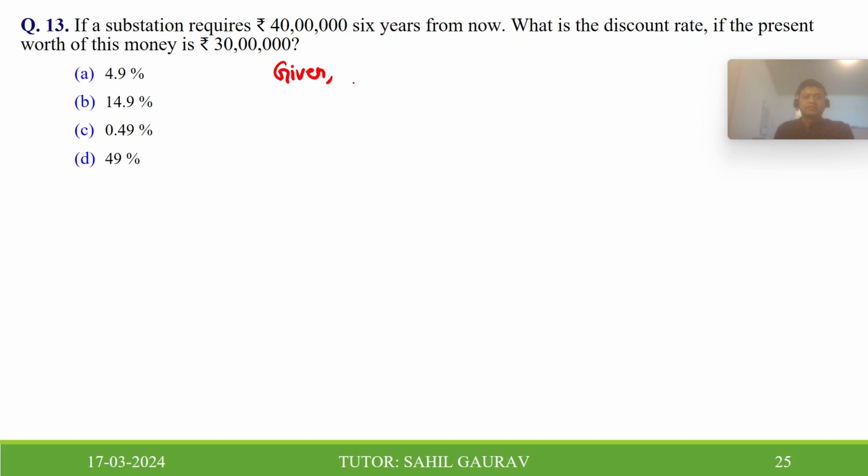Given future worth is 40 lakh, present worth is rupees 30 lakh, and T is 4 years.